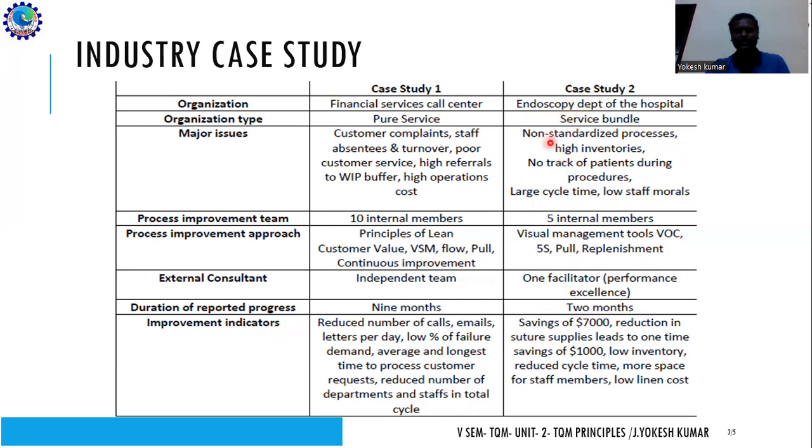Whereas in the endoscopy department, savings of $7,000 and a reduction in future supplies lead to one time savings, low inventory, reduced cycle time, and more space for the staff members. So these are all the indicators. If it is okay, then we have to go for the process improvement.